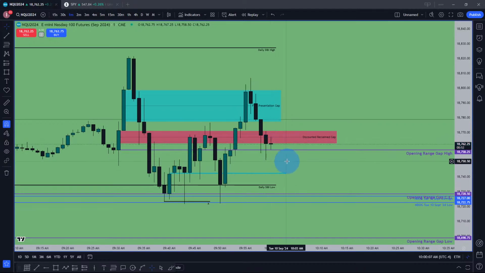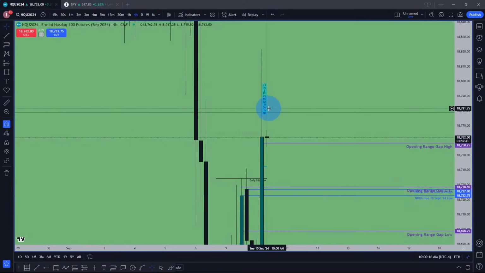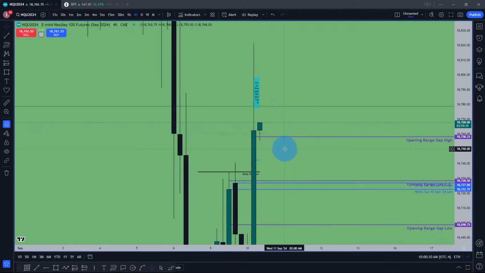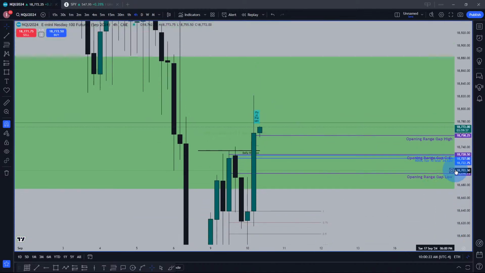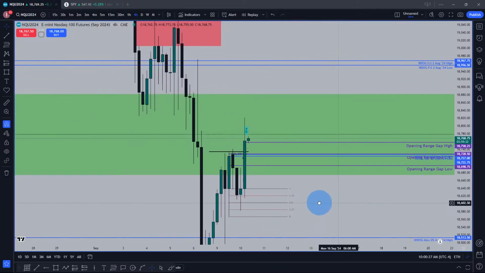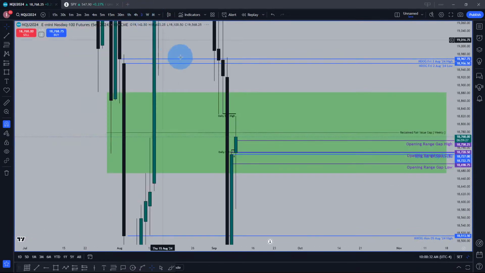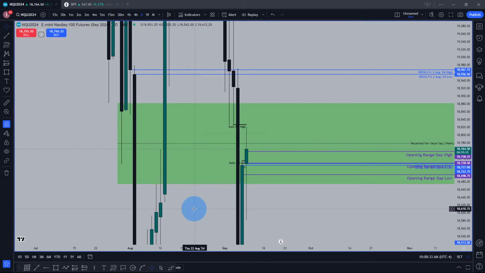open. Either it's gonna consolidate or it's gonna manipulate. So if it does manipulate, then the 4-hour wick entered this inversion here as well.